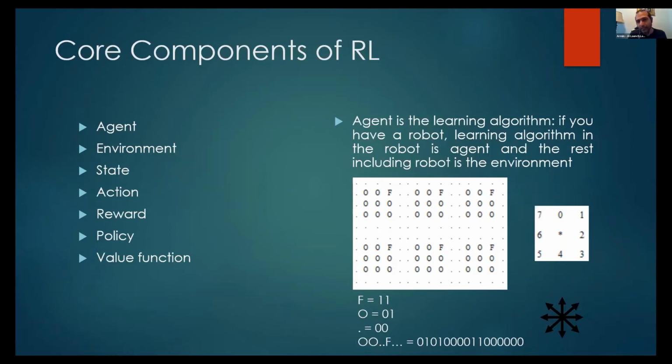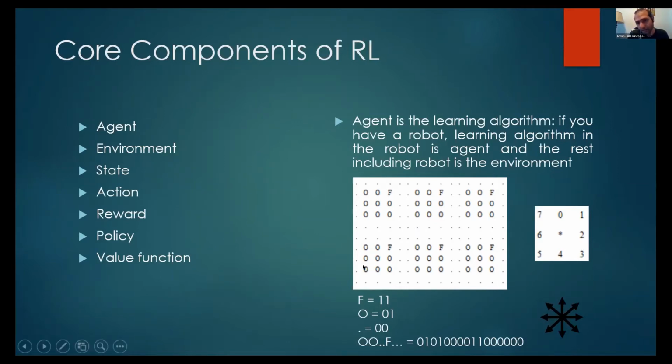Basically, the agent is the learning algorithm. For example, if you have a robot, the learning algorithm in the robot is the agent and not the robot itself. The rest of the robot, or anything separated from that learning algorithm, is accounted as the environment.